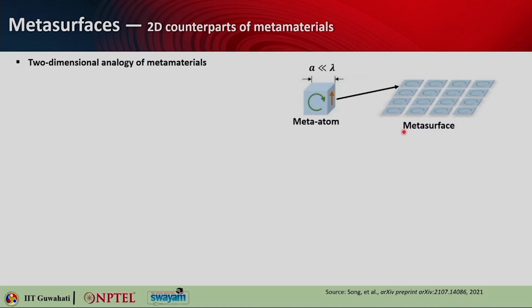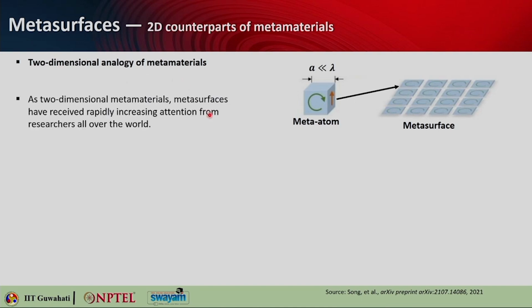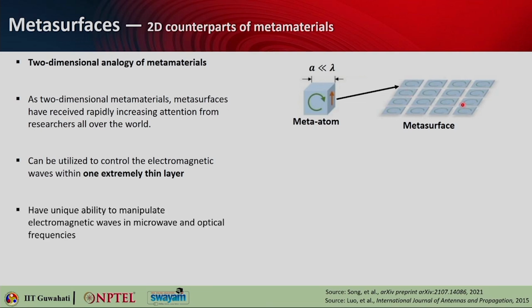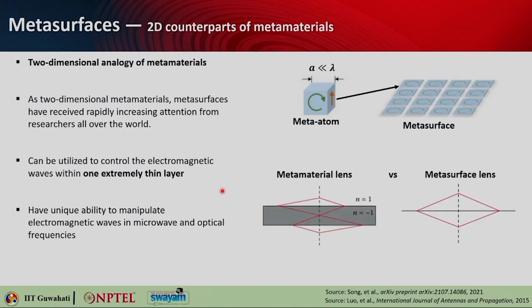Okay, so it's basically a two-dimensional analogy of metamaterials, and metasurfaces have received a lot of attention in recent times. You can control the electromagnetic property of light interacting with this extremely thin layer, and that makes it very interesting, because you are able to manipulate microwave and optical frequencies using metasurfaces.